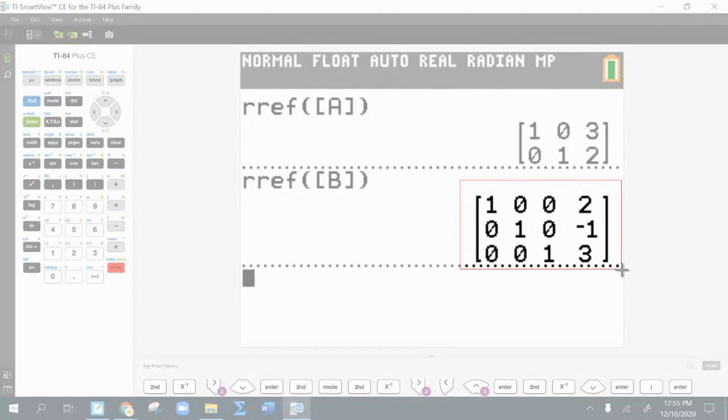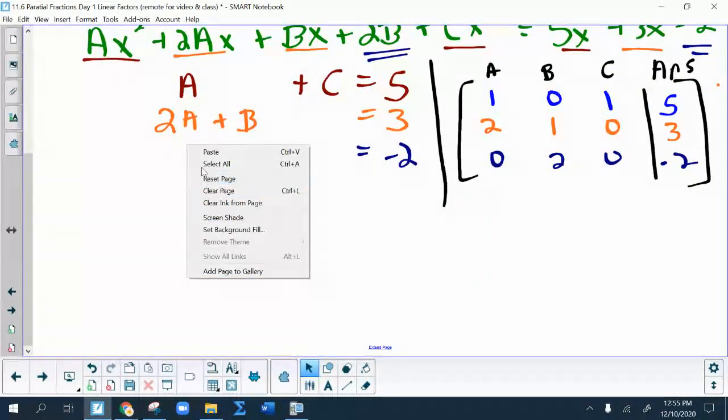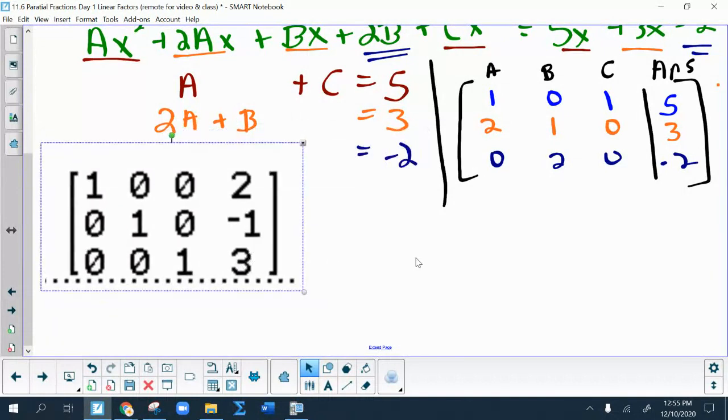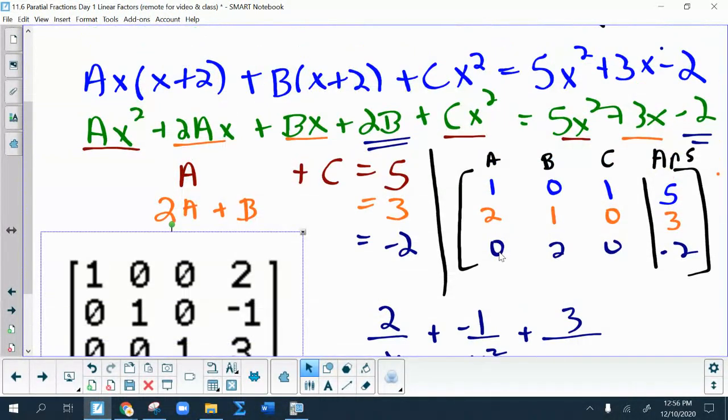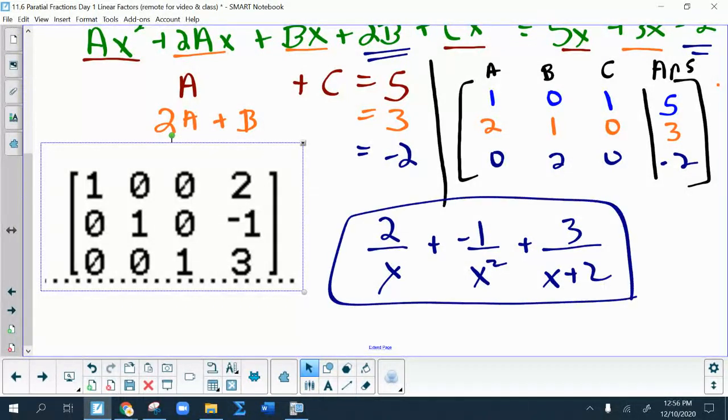So I'm going to snip that and put it on our screen. So A is 2, so I have 2 over x. Sorry, B is -1. And then C was 3, which was x plus 2. Okay, and this is your final answer.